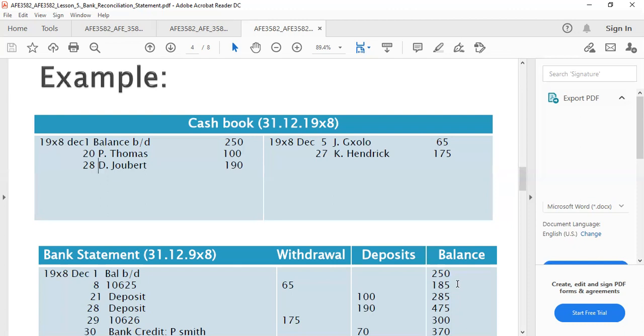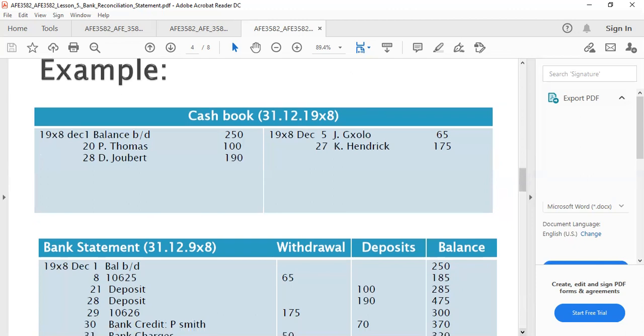Okay. So that will help you. It always helps when you are to draw up your bank reconciliation statement. Then you will know that these amounts are the outstanding deposits and these ones are the unpresented checks.